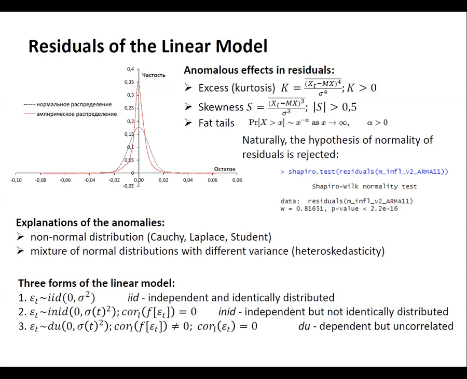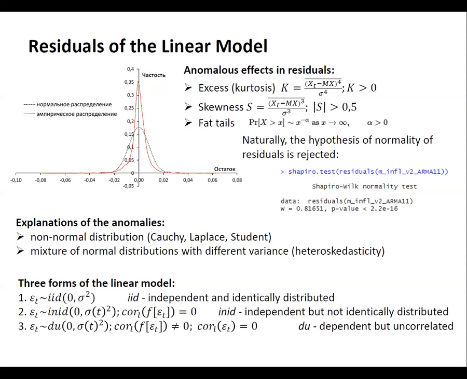Indeed, all of these can explain both kurtosis and fat tails, and the mathematics is quite widely developed. However, these anomalies can also be explained by a normal distribution, namely, if we take a mixture of normal distributions with different variances.